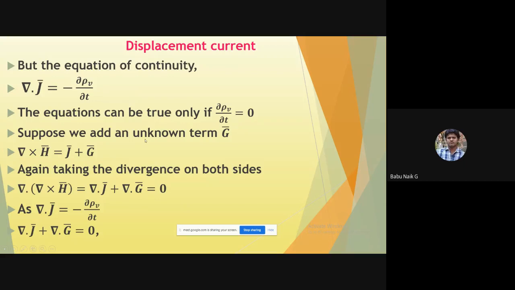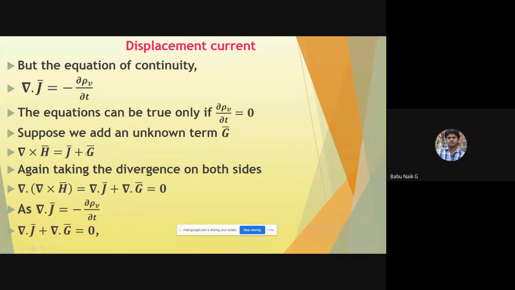Okay. Now, this can be possible for a circuit having only resistance. If you consider inductance and capacitance, del dot J bar will not be completely 0. Now let us take another term which is going to be added here: del cross H bar is equal to J bar plus G bar.